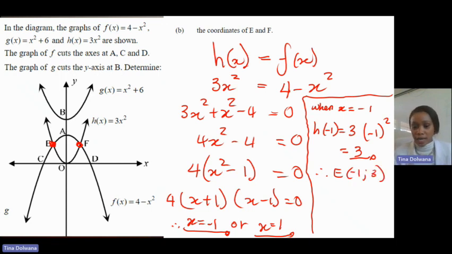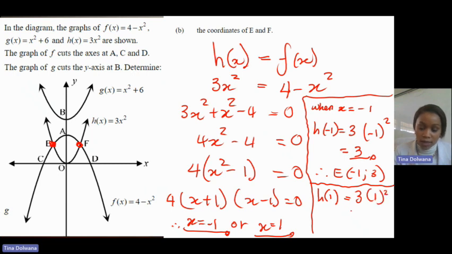If you look at E, it's in the positive y region so it should have a positive y coordinate, and it should have a negative x coordinate looking at where it is, right? And then if we want to work out F, you guessed it right, we're going to substitute 1. Then we'll have 3 times 1 squared, and the answer will just be 3 again.